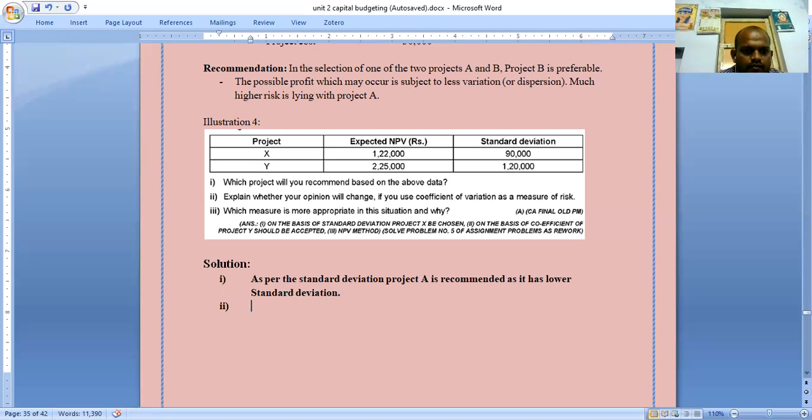So in the second one, explain whether your opinion will change if you use coefficient of variation.